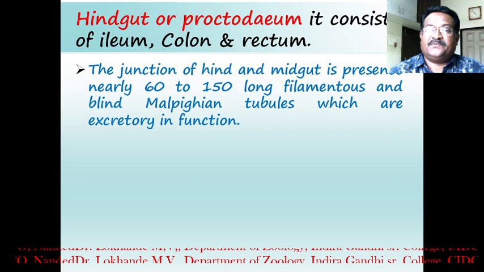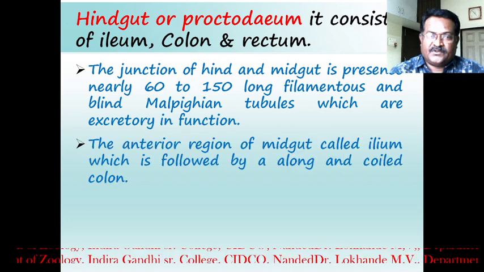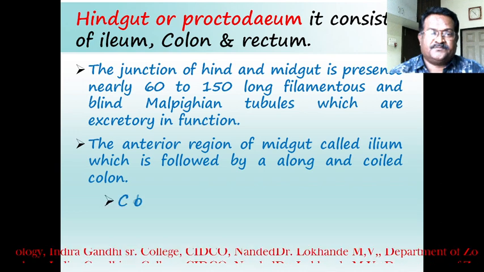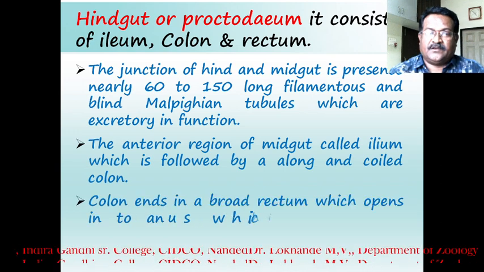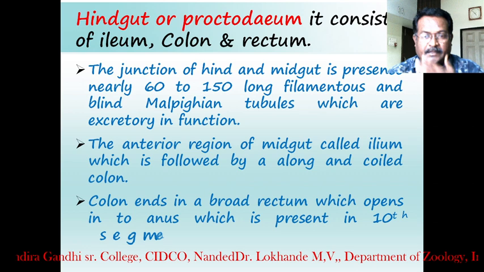The anterior region of the hindgut is called the ileum, which is followed by a long and coiled colon, and the colon ends in a broad rectum which opens into the anus, present on the 10th segment.